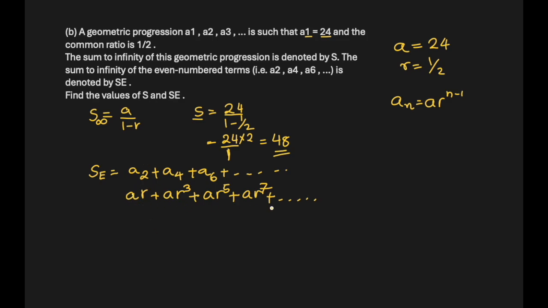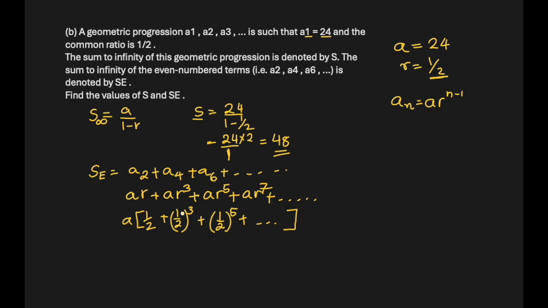I take a common from all of them, right? So a is out, we are left with r, and r is given as half. Then r cubed is left, so 1 over 2 cubed, then 1 over 2 to the power 5, plus so on.